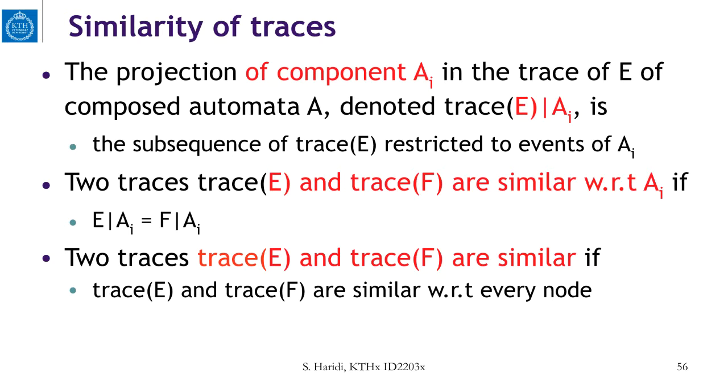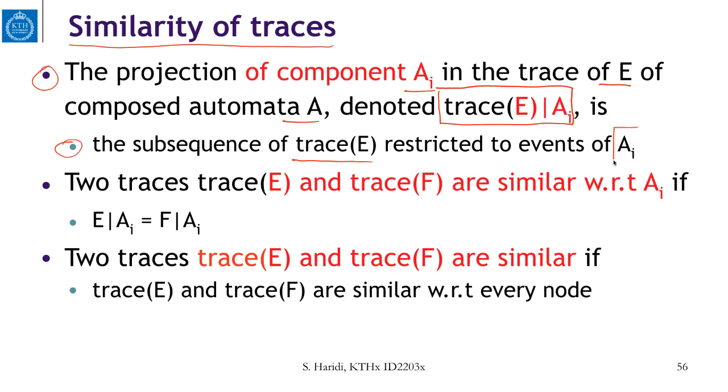We can say the same thing about traces, the same that we said about executions. So the projection of component AI in a trace of E of a composed automata A is denoted by this notation. It is the trace of E restricted to the view of AI. And it is a subsequence of the trace of E restricted to events happening on AI.